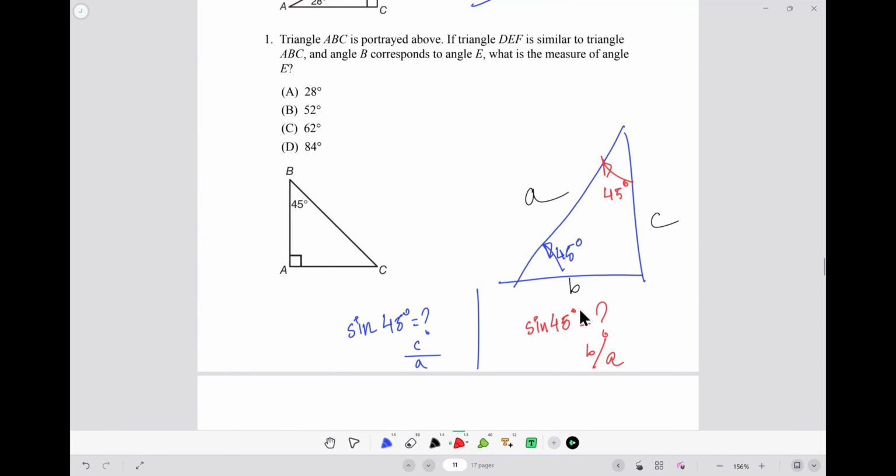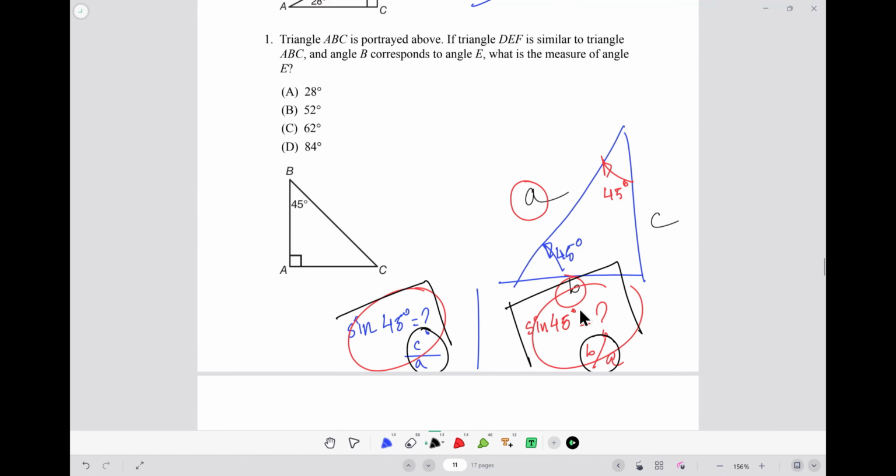For the red one, this is basically B and this is basically A. It's correct. B by A and this is C by A. So are these two sine 45 identical or not? Are they the same?